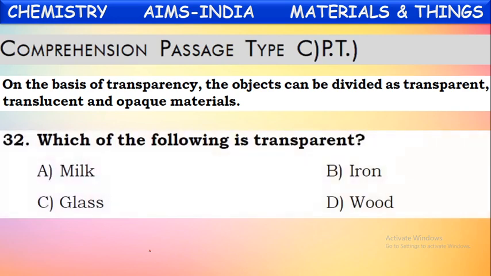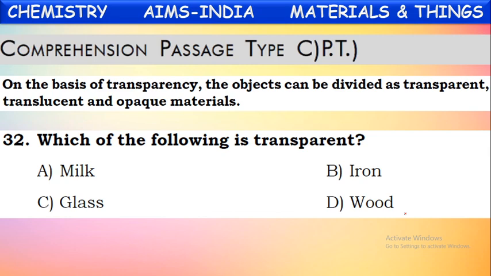First one, let us see. Which of the following is transparent? What does it mean by transparent material? The material through which we can see objects clearly is called transparent material. Out of the given options, which is transparent among these? Milk, iron, glass, wood.